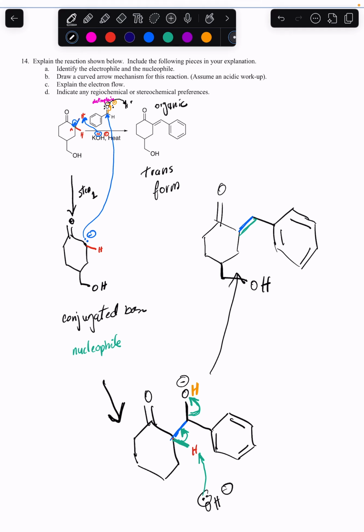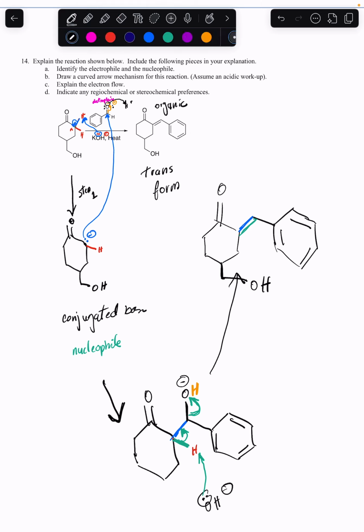The way to identify if it's trans or cis is just by looking at the highest priority groups, which are the carbonyl group and this benzyl group. We can see that they're not in the same plane, they're in opposite planes. This one is pointing up, this one is pointing down, meaning they're in the trans form.